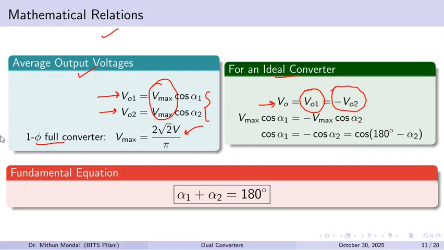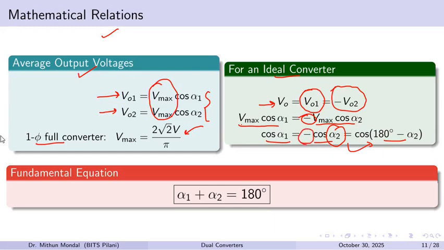So one is in rectification, the other is in inversion. If we equate V max cos alpha 1 with minus V max cos alpha 2, then we get cos alpha 1 equal to minus cos alpha 2, or otherwise we can say that alpha 2 can be represented as 180 degree minus alpha 1 to take care of this negative sign.